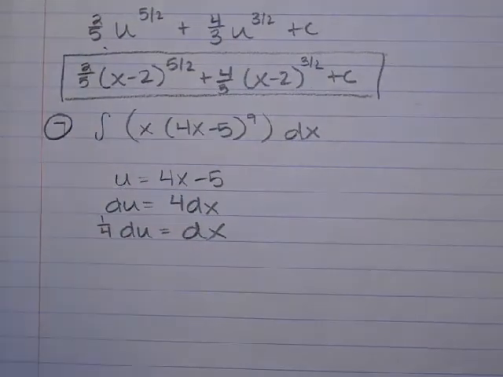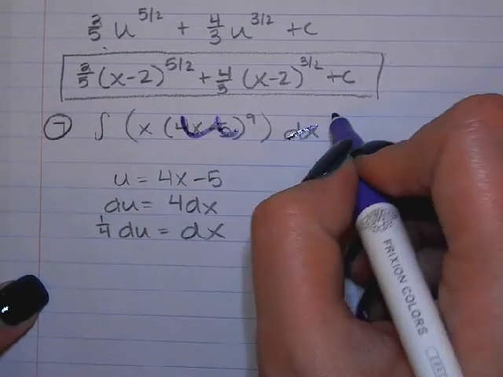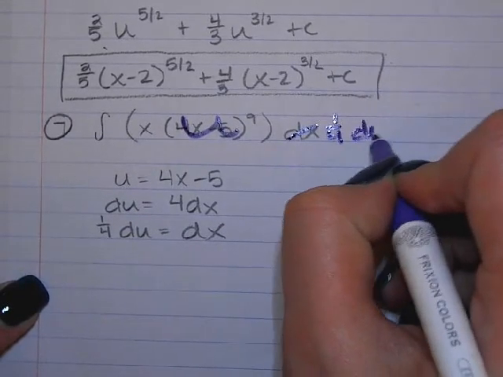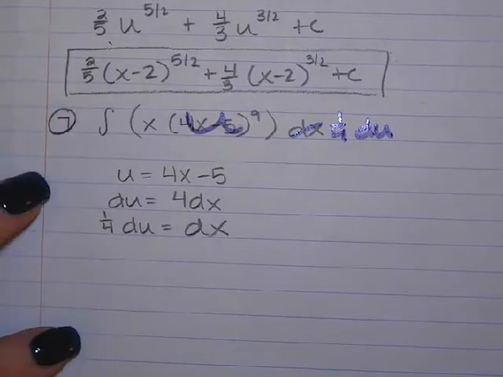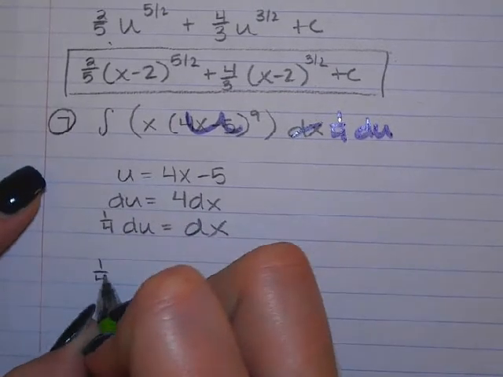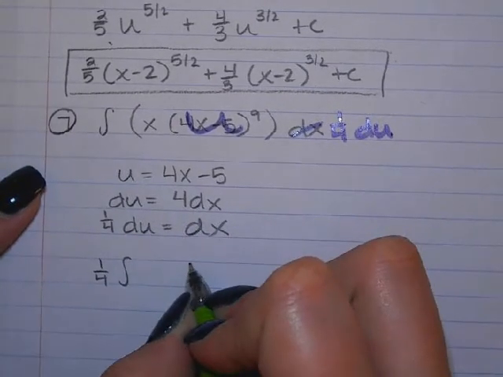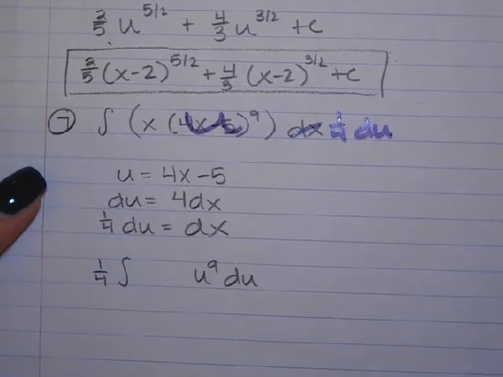Okay. So this is a u. This is a 1/4 du. We can take that 1/4 and move it to the front. So right now I've got 1/4 in the front, and I've got a u to the 9th and a du, and I just have to know what to do with that x.